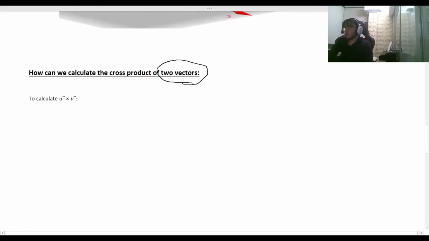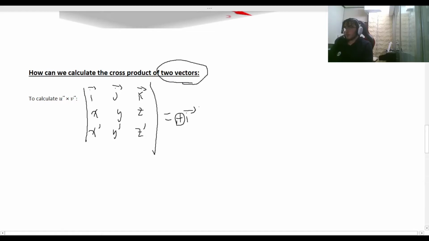Okay, so first we start by putting two lines and put the unit vectors I vector, j vector, and k vector. Put the coordinates of the first vector, let x, y, and z be the coordinates of the first vector, x prime, y prime, and z prime be the coordinates of the second vector. Then what we do is put positive I, I'm going to circle this positive sign.